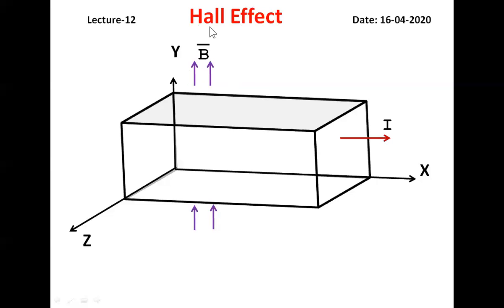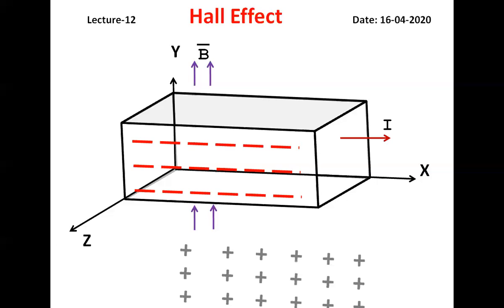Because of the Lorentz force, the electrons are going to accumulate on the front surface of the block. That means electrons are moving along the negative x-axis, and simultaneously we have applied the magnetic field. Then there exists a Lorentz force. Because of the Lorentz force, these electrons are deflected towards the front surface, and hence they are accumulated on the front face.